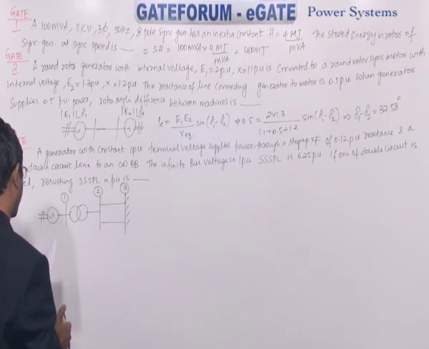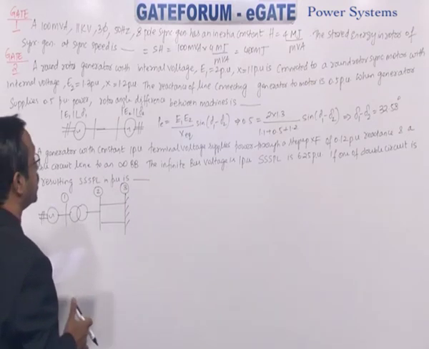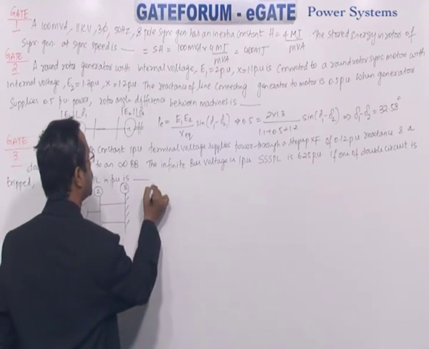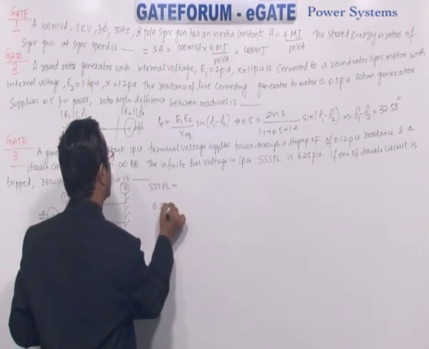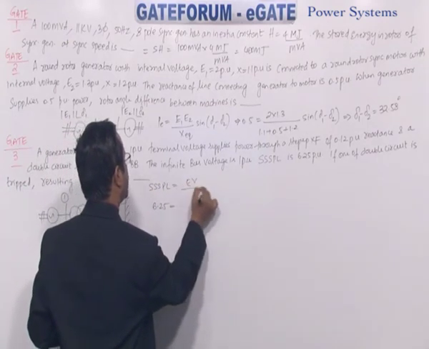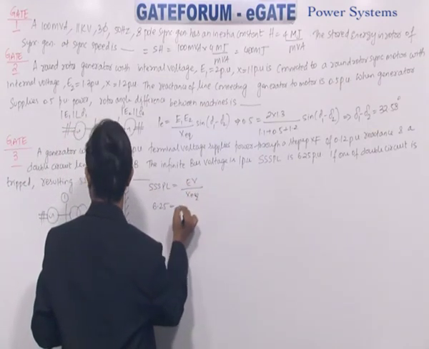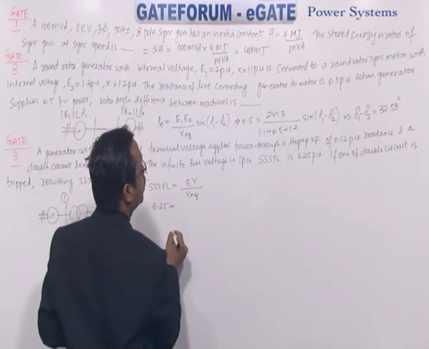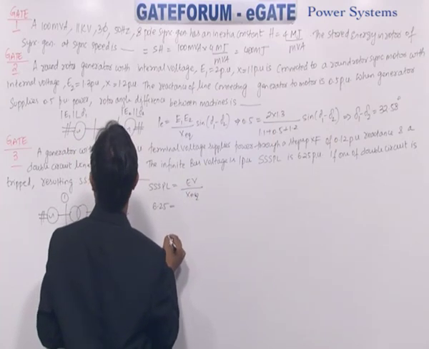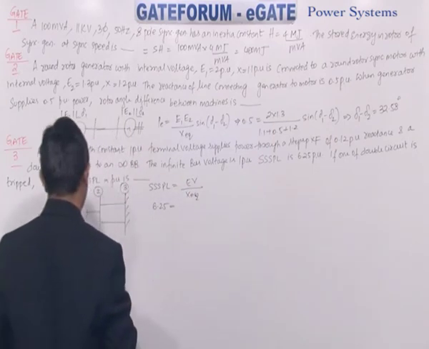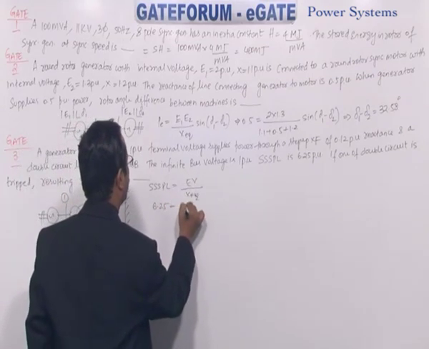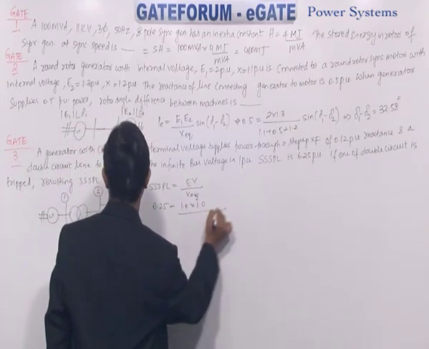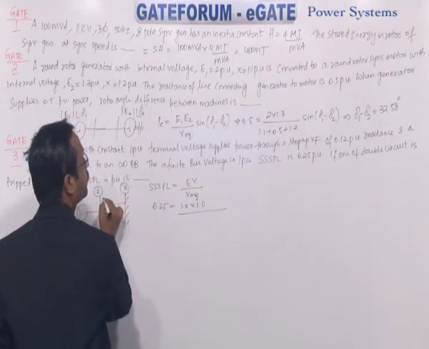How much is the steady state stability limit with 2 lines? You write it as EV by X equivalent. E is 1. V is also 1. What is the total reactance?